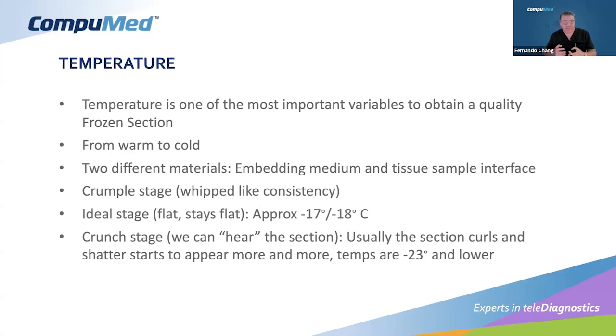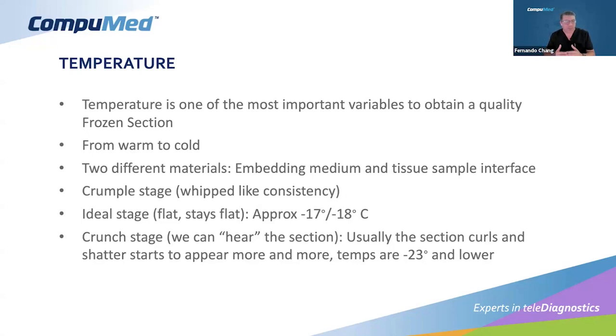We need to balance the consistency of the tissue, the consistency of the embedding media, the temperature in the cryostat, and how we start sectioning. All of these need to come to a point where we have a certain expected temperature, certain expected movement when we start cutting the section, and this is going to give us a section that is without artifact in general.